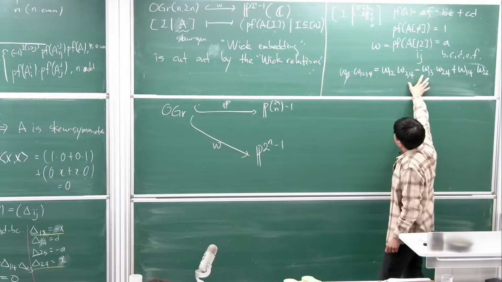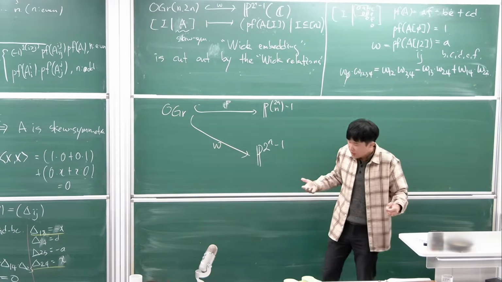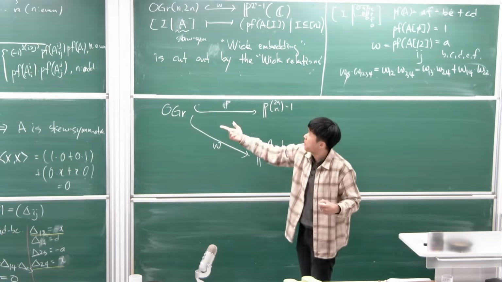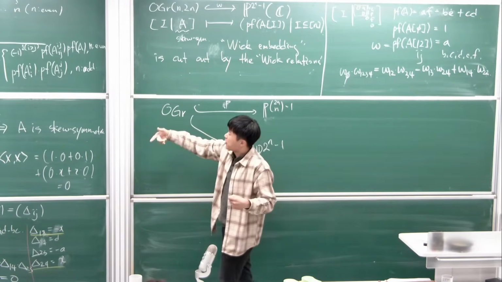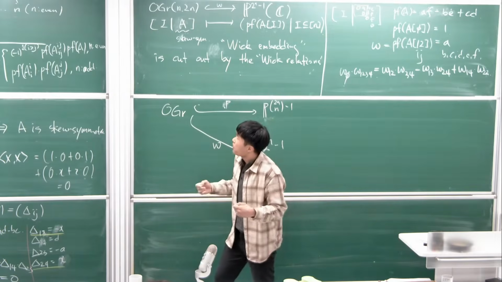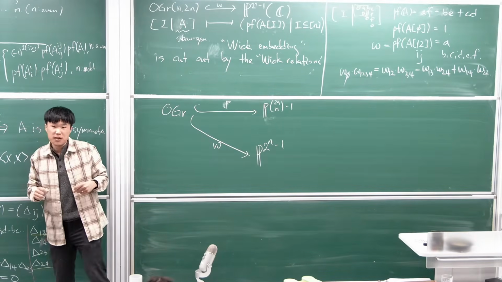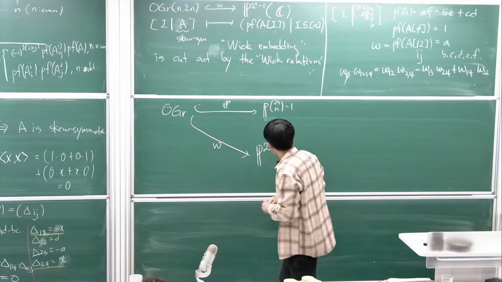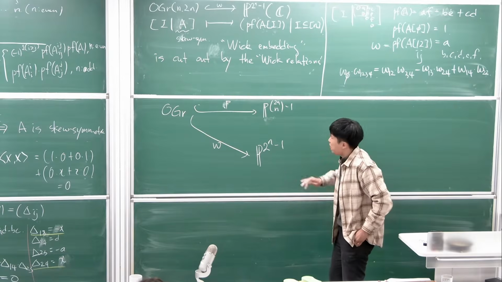However, this Wick embedding is defined in terms of the Pfaffian, and the previous one, the Plücker embedding, is defined in terms of the determinant. We already know the relation between the determinant and the Pfaffian, and so indeed we can find a good bijection between those two.